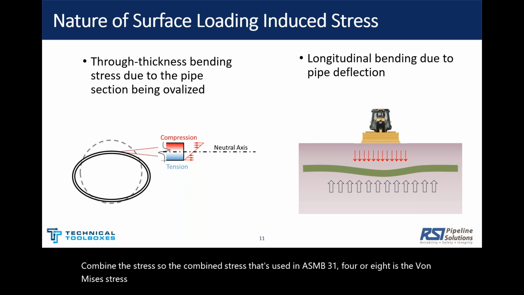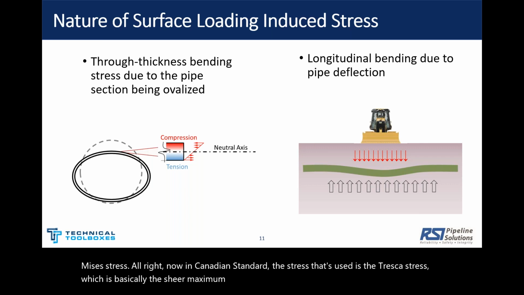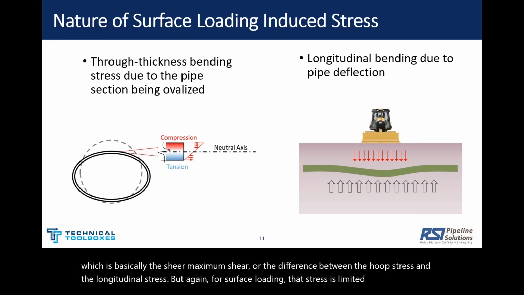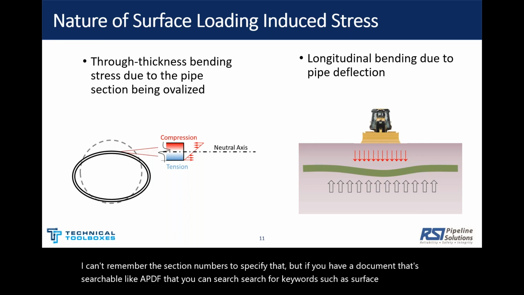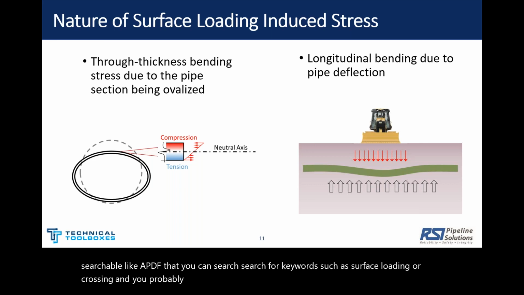Now, in the Canadian standard, the stress used is the Tresca stress, which is basically the maximum shear, or the difference between the hoop stress and the longitudinal stress. But again, for surface loading, that stress is limited to 90% SMYS. I can't remember the section numbers to specify that, but if you have a searchable document, like a PDF, you can search for keywords such as surface loading or crossing, and you will probably find it in the standard.